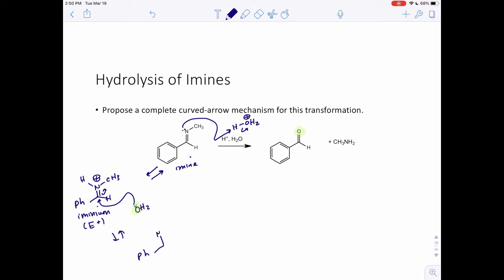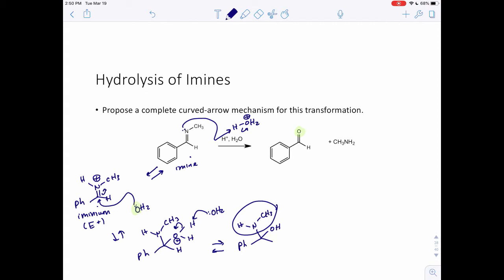This generates an intermediate that looks like this. And you should go and compare this to imine formation because the mechanism will look exactly the same. From here, the stress on this molecule is the positive charge on this intermediate, so we're going to deprotonate using water. We need to expel the amine.